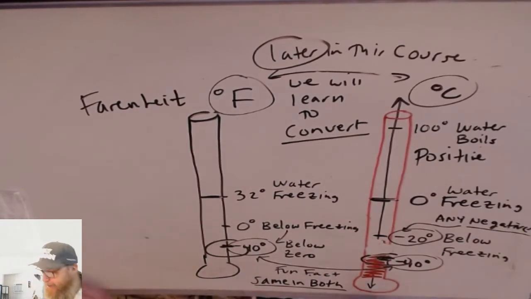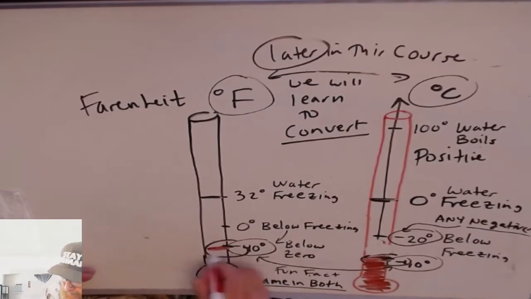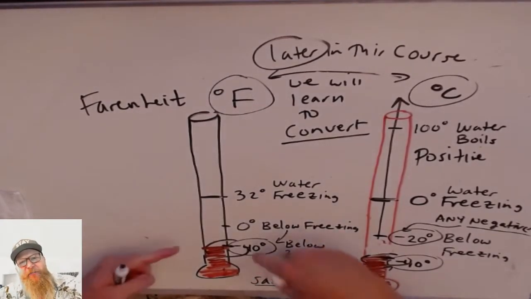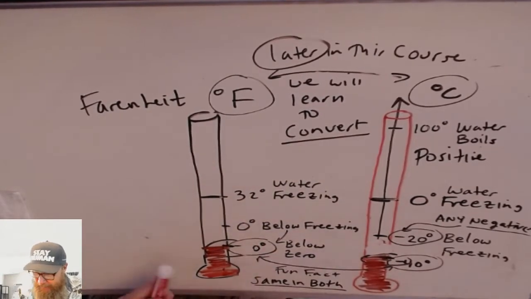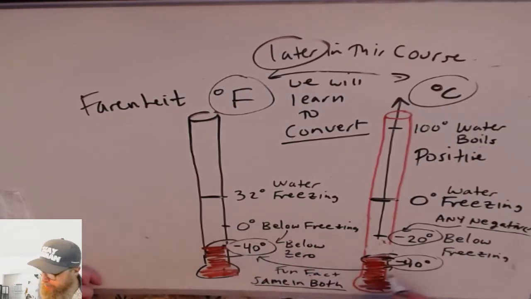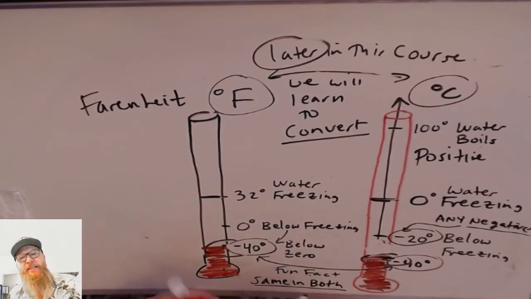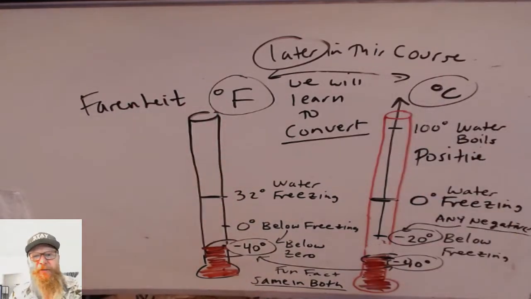So if you were to take a thermometer down to Antarctica or maybe up to the North Pole and measure it using Fahrenheit, it might come out to be negative 40. That's that magic temperature. And if you do it for Celsius, negative 40 is, in fact, the same temperature. It's the only one that's the same. Every other temperature would be different.